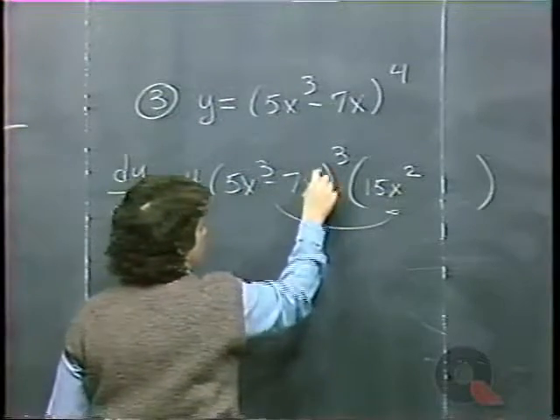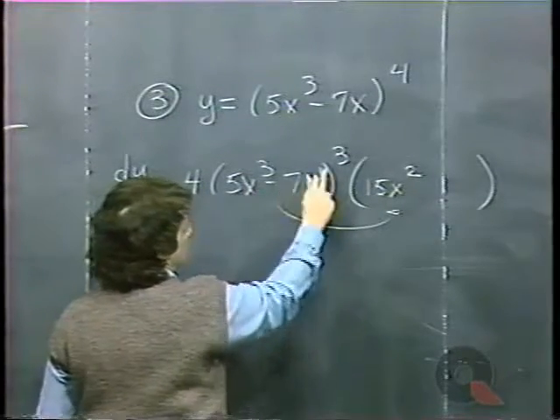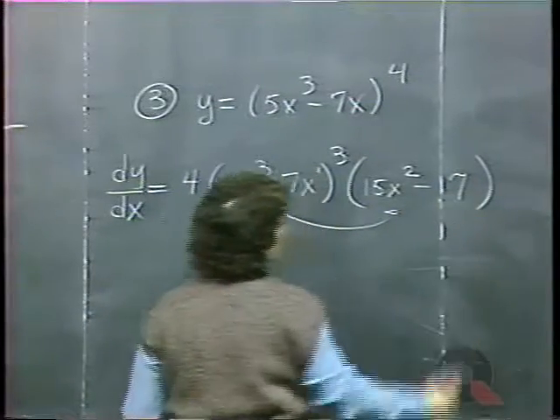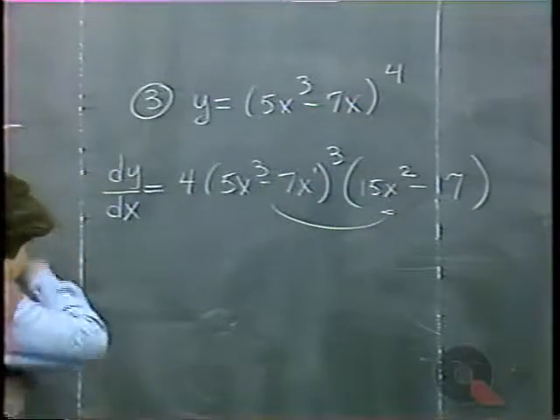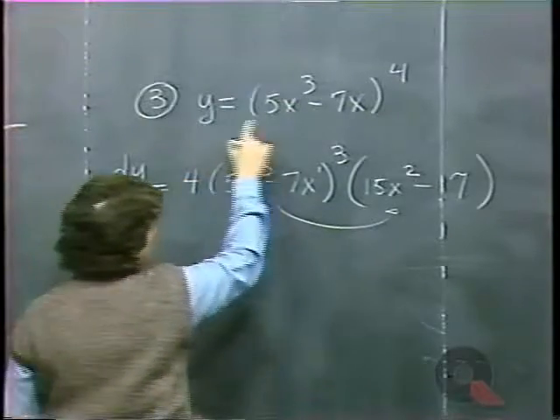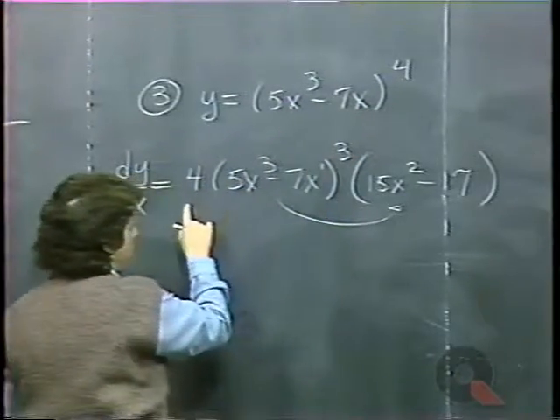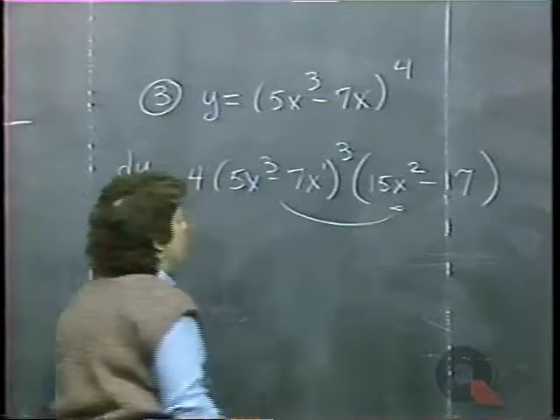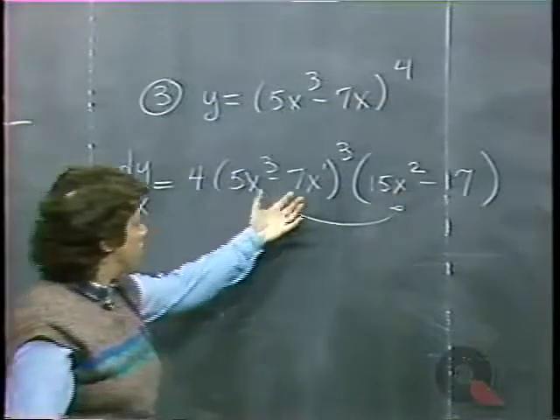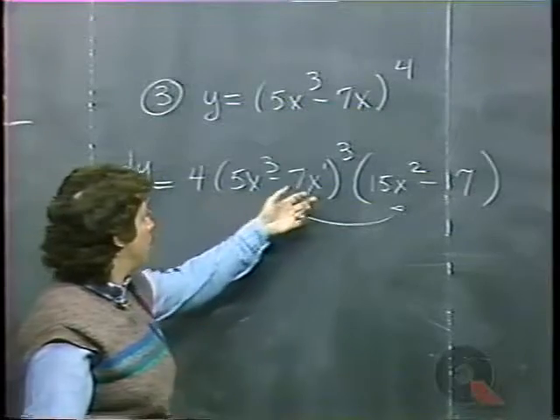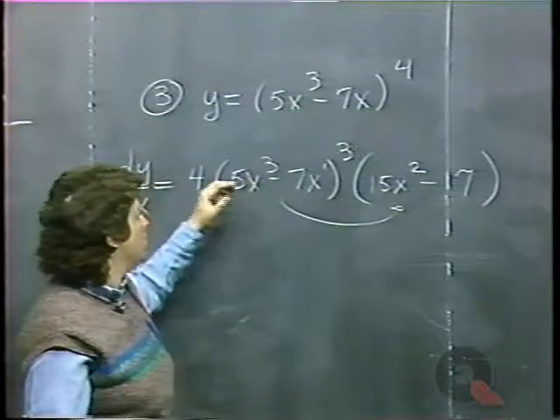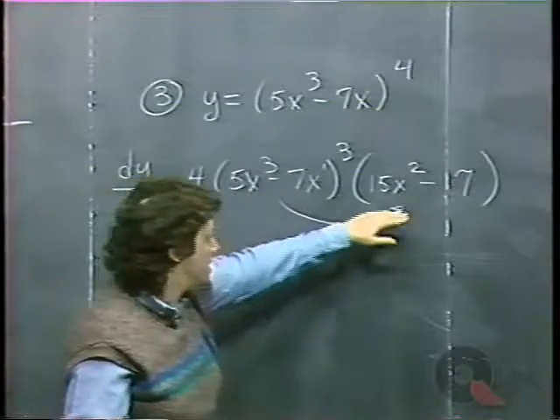And here, this is really to the 1st power, so the constant times the power, minus 7, x to the 0. So the derivative of the inside, using our polynomial rule, is 15x squared minus 7.